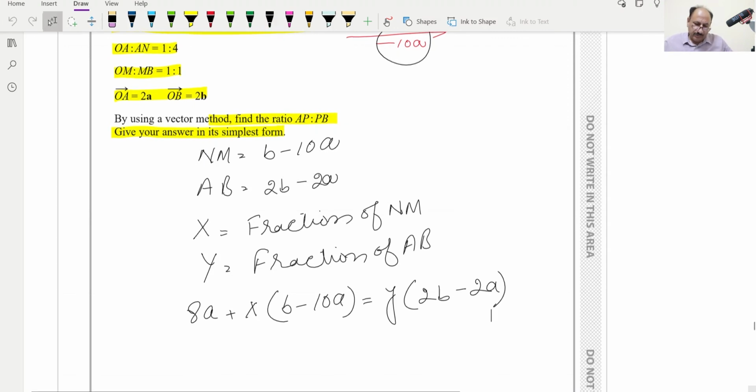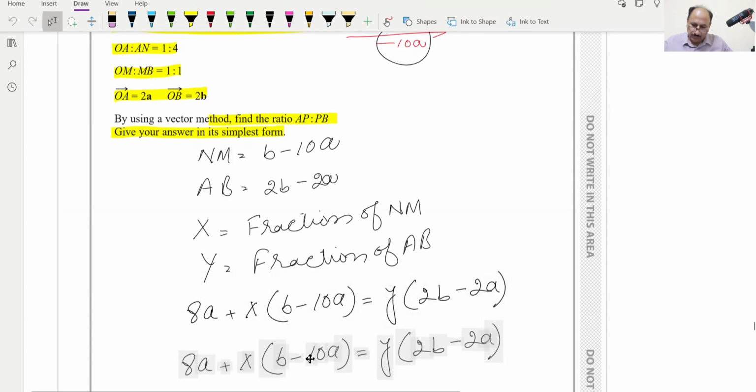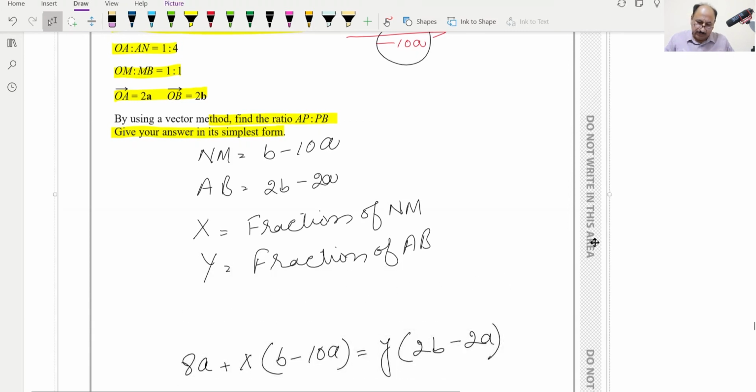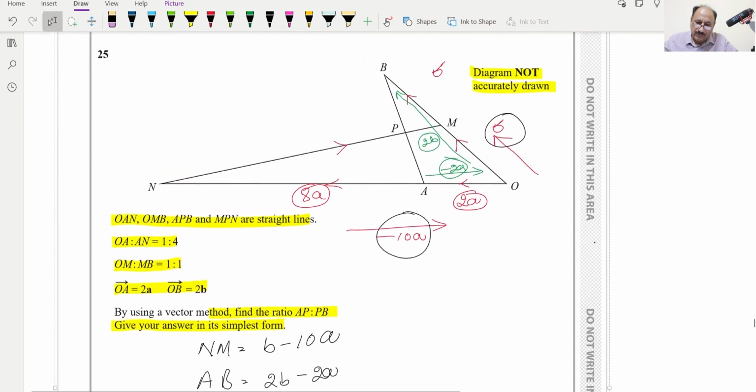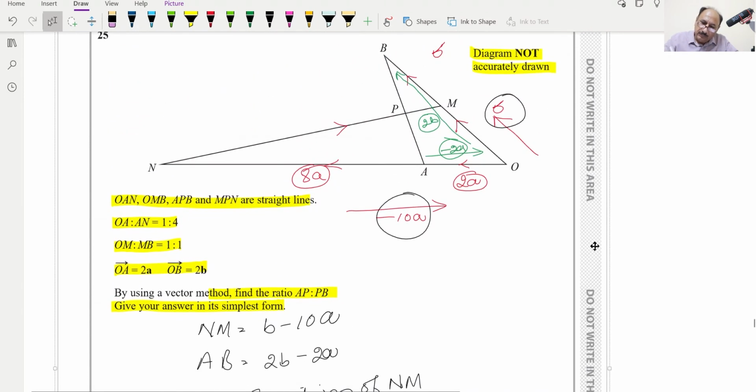How we have written this equation, I will explain. I will move this a little and write a step for your explanation. If we check this, AP will be equal to AN plus NP.